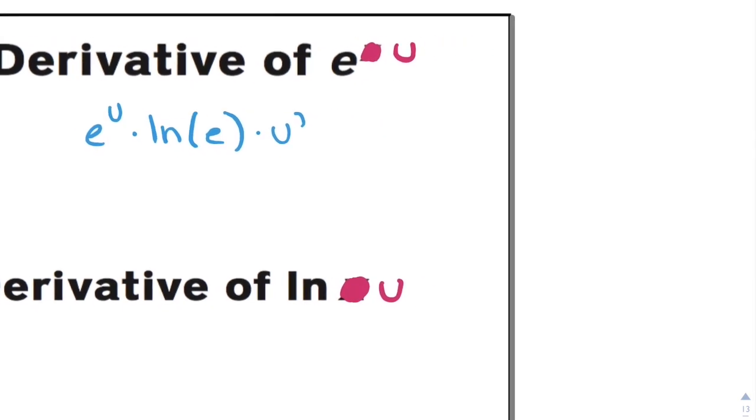So you'll notice that this goes away because ln of e is the number 1. So this ends up becoming e to the u times u prime. What I suggest students do is always write ln of e, because you're going to get in the habit of always writing ln of your base: ln of 5, ln of 10, ln of 12, ln of e.